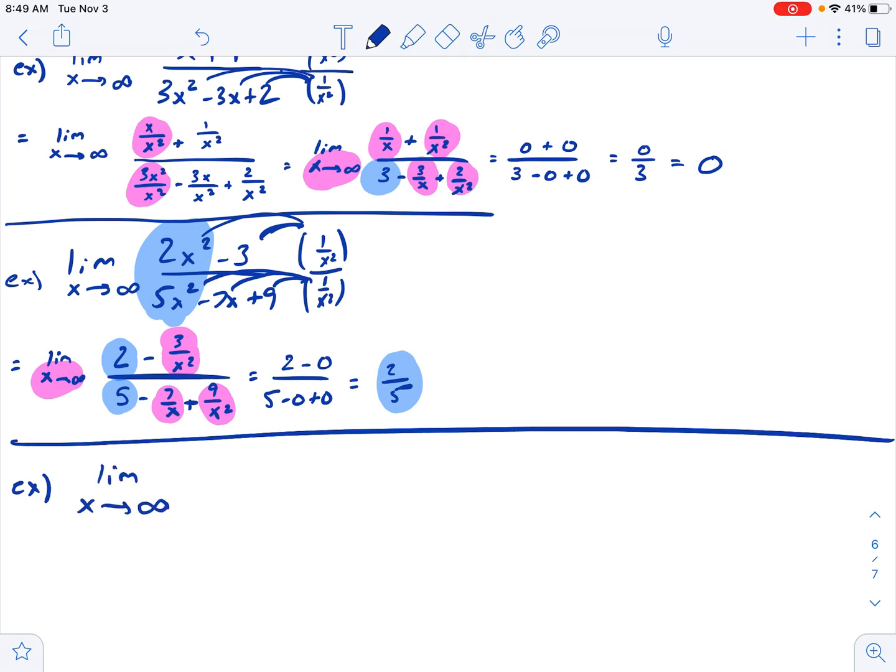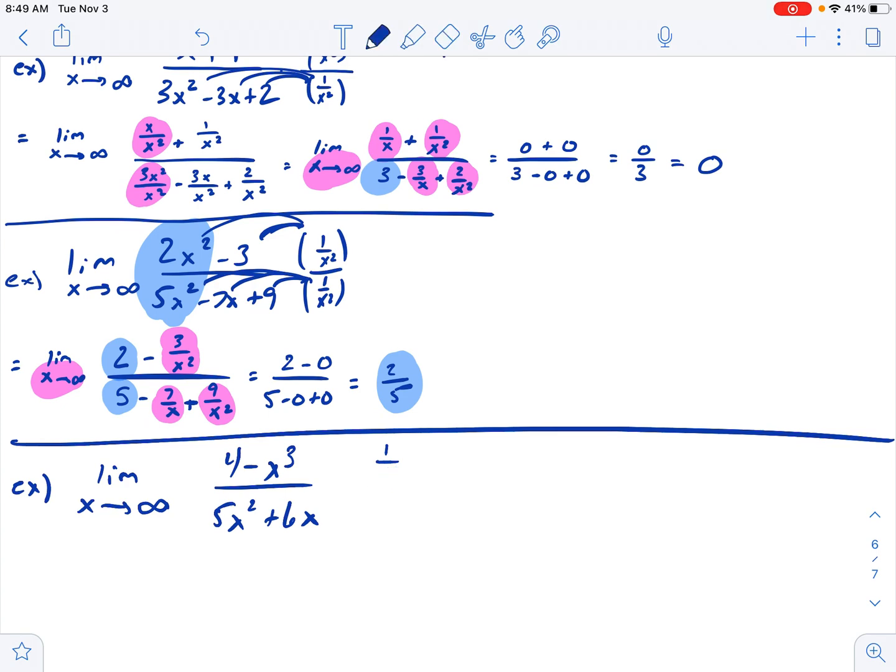Let's look at the limit as x approaches infinity of 4 minus x cubed over 5x squared plus 6x. Okay? So the highest power of x here is x cubed. So this time I'm going to multiply by 1 over x cubed on top and bottom.